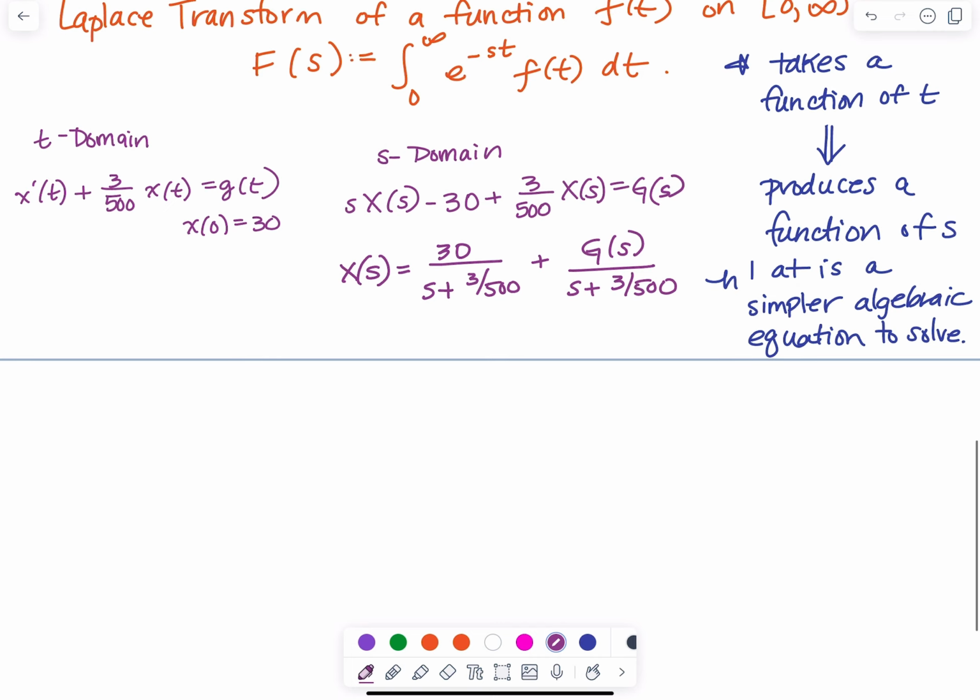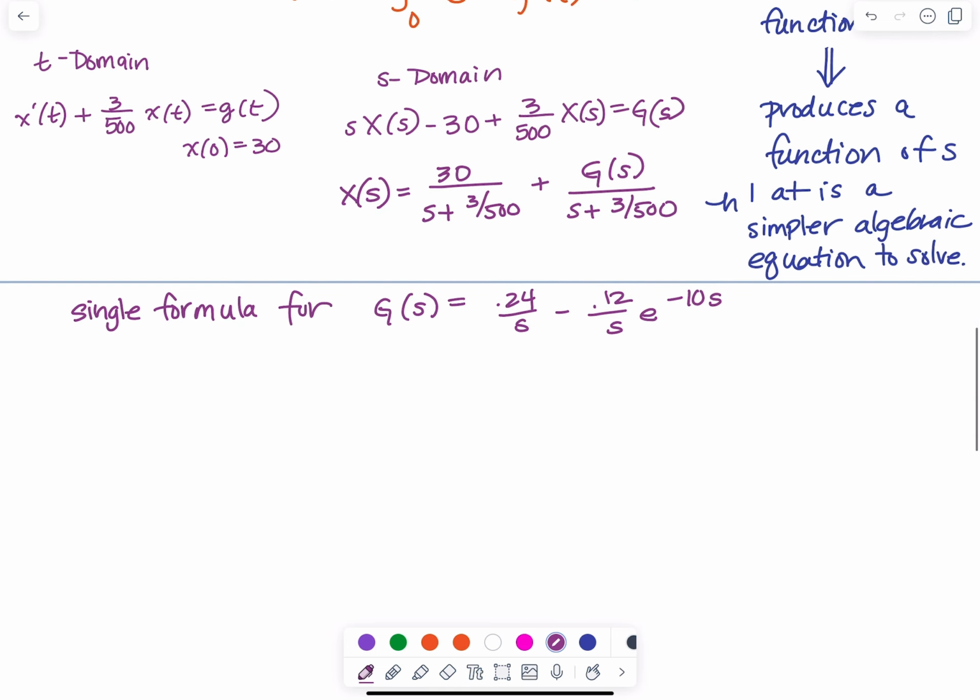However, we actually have a single formula now for G of S, and that's 0.24 over S minus 0.12 over S e to the negative 10s power.